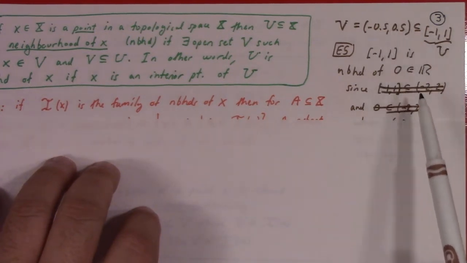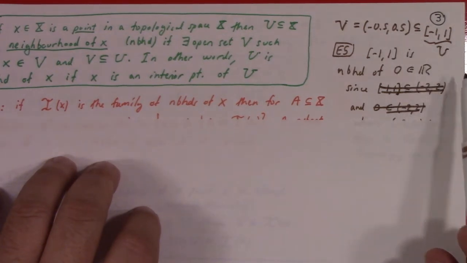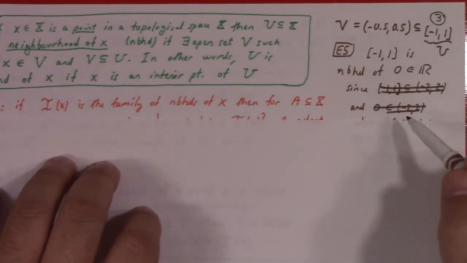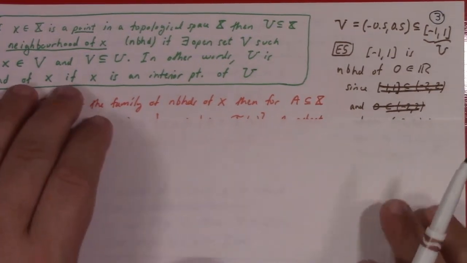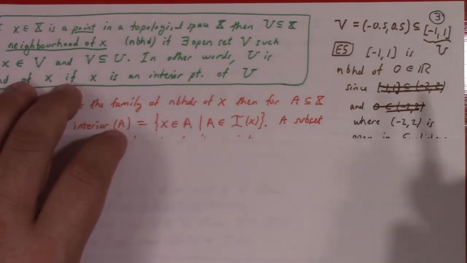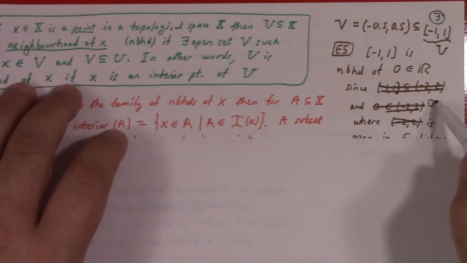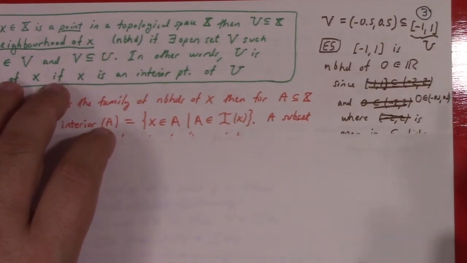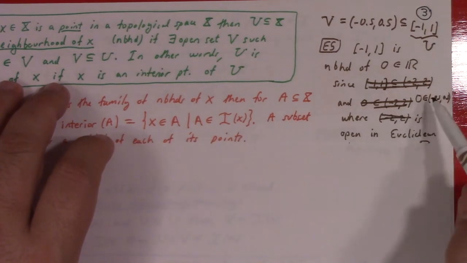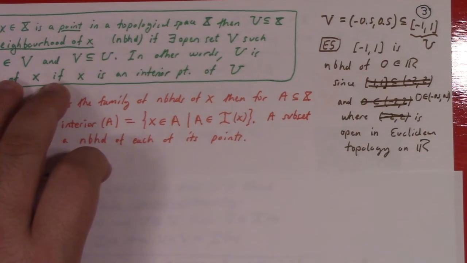And then 0 is an element of minus 0.5 to 0.5. Man, I have no room to write here. So that means, and notice that minus 0.5 to 0.5 is open in the Euclidean topology on R.